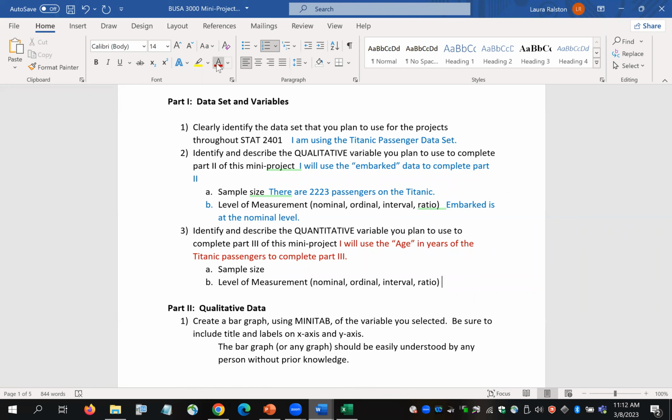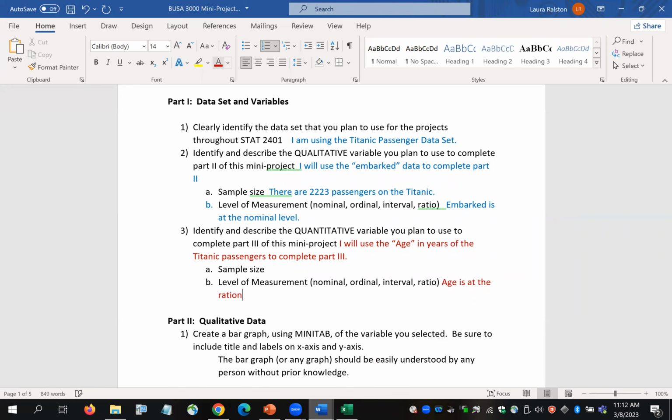Age is at the ratio level, because if a person is 0 years old, they technically do not exist yet. They haven't been born yet, because as soon as you're born, the first second you're out of the womb, you're a second old. So if they're 0, they do not exist. Okay, we'll come back to sample size. Y'all don't let me forget.